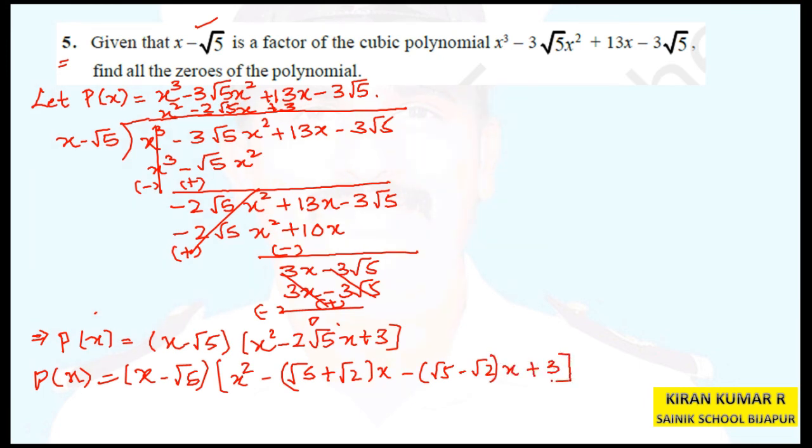Can I write like this? Think on those lines. Why do I write like this? Will this root 2 get cancelled? Probably yes, they get cancelled.